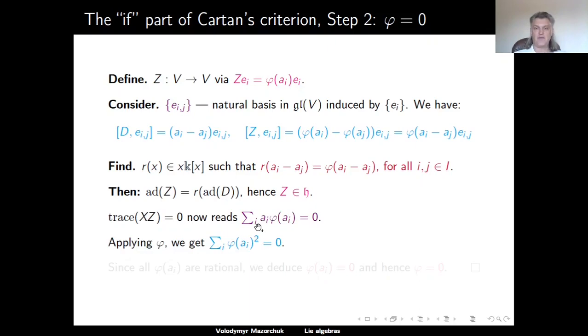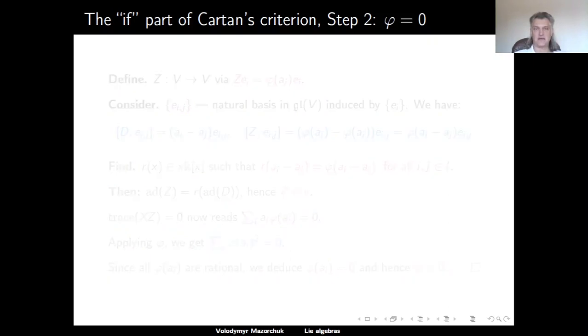Applying the linear map phi, and using that it is linear over rational numbers, and phi of Ai is a rational number, it can be moved out, and this becomes the sum over i of phi of Ai squared, which is 0. But this is now an equality for rational numbers. If the sum of squares of rational numbers is 0, then each of the numbers must be 0. So since all phi of Ai's are rational, we deduce that each phi of Ai is 0, and therefore phi must be the 0 map.